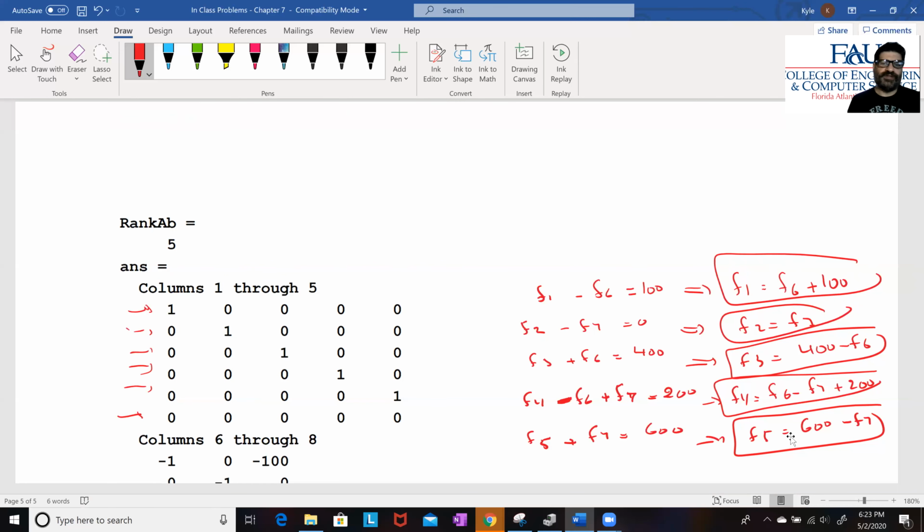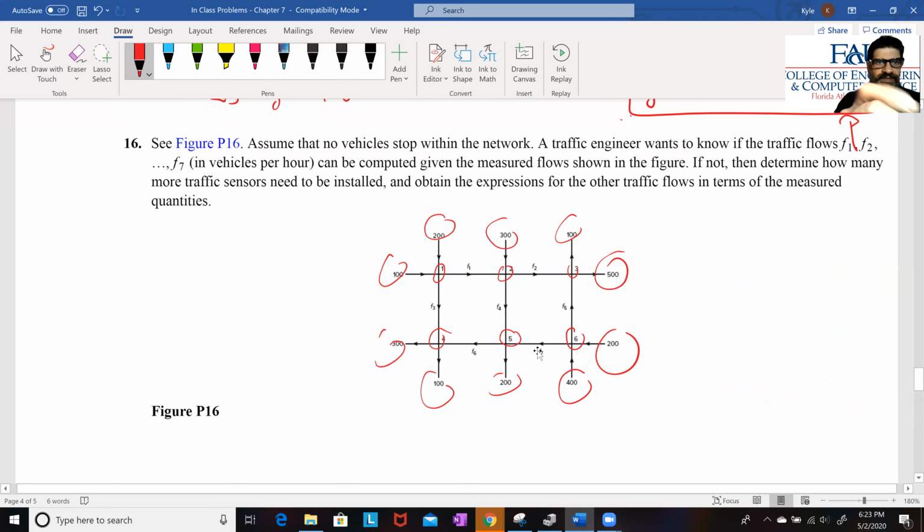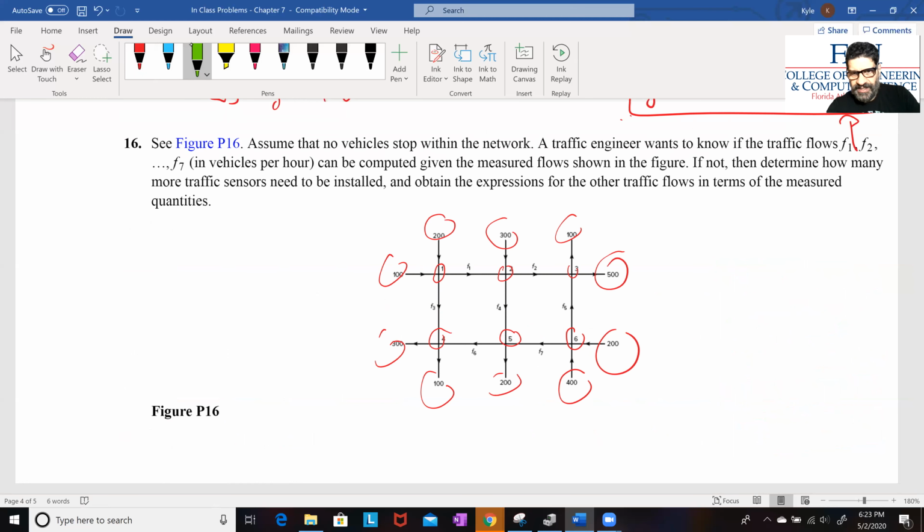In this case, because the rank is 5 and the number of variables is 7, we know we're lacking 2 more independent variables that we need to define. These dependent variables from f1 to f5 can be solved for. If we go back to the schematic and put a sensor here and here, f6 and f7, we'll be able to calculate those 5 traffic flows. Otherwise, it won't happen. Okay.